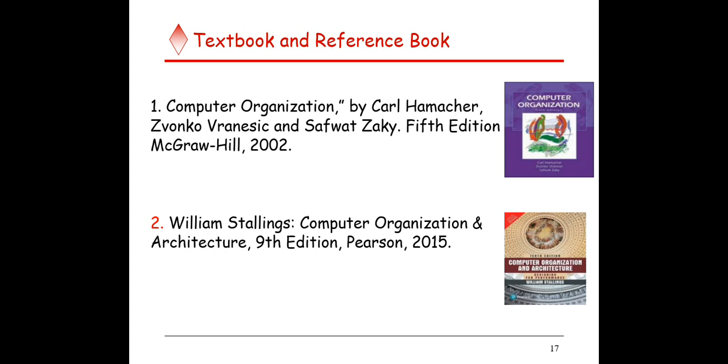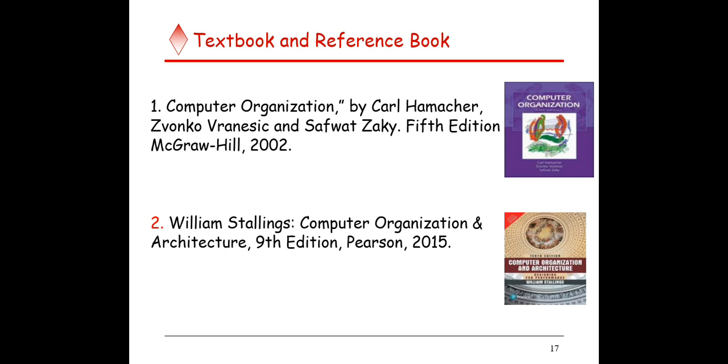And next we will be discussing the textbooks and reference books prescribed by VTU. The first book is the prescribed textbook and the second one is the prescribed reference book. The first book is named Computer Organization by Carl Hamacher, and it is a 5th edition textbook.